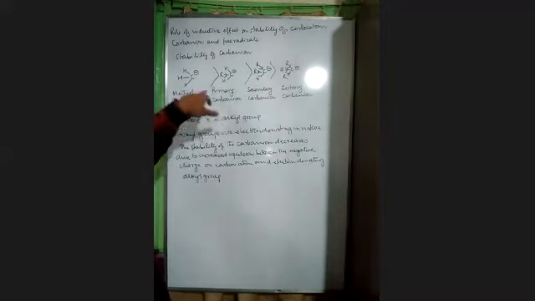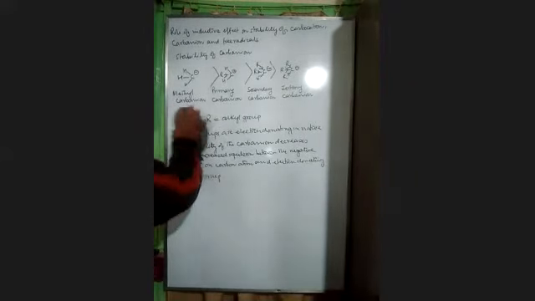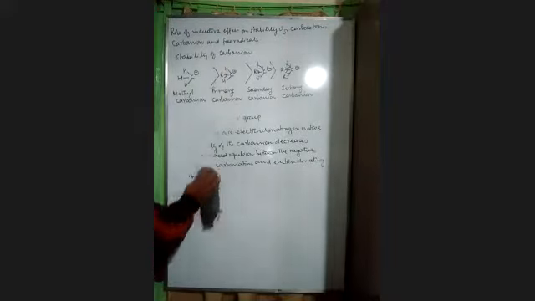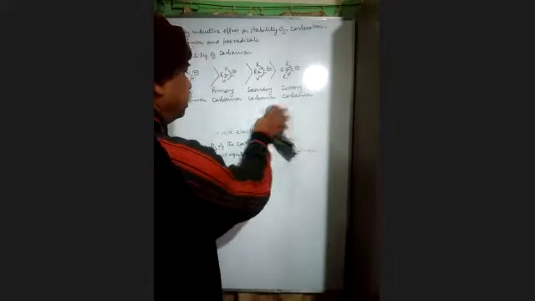In case of carbanion, this is most stable and this is least stable. But in both cases, whether it's a cation, anion, or free radical, benzyl is most stable, followed by allyl. Why is it like this? I cannot explain it with the help of inductive effect. I can explain it only by resonance.